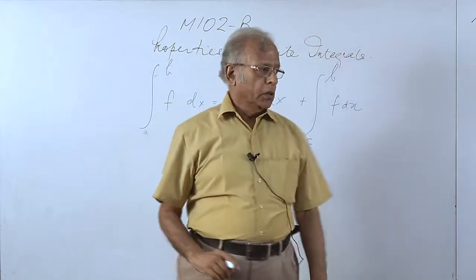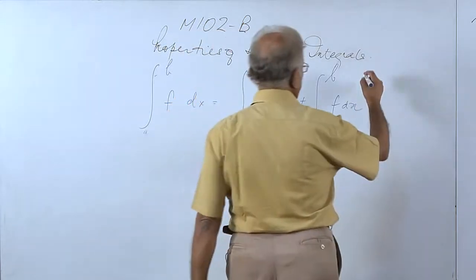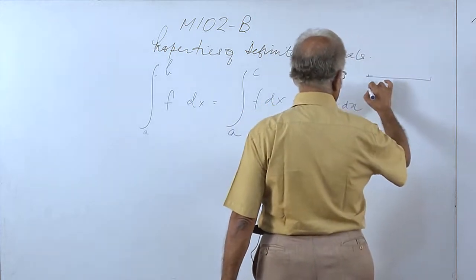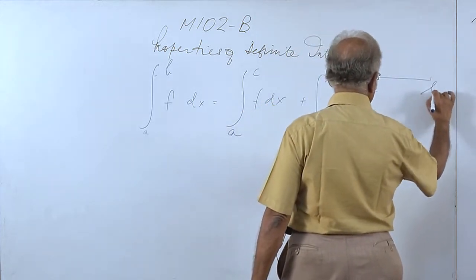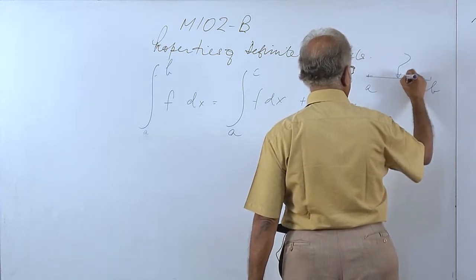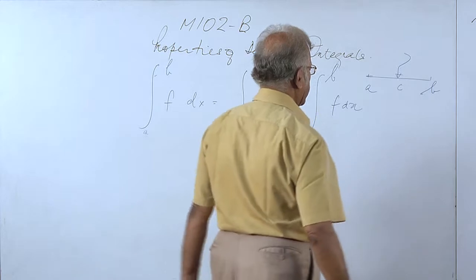In other words, if we are integrating over an interval a to b, we can choose any point in between a and b, call it c.